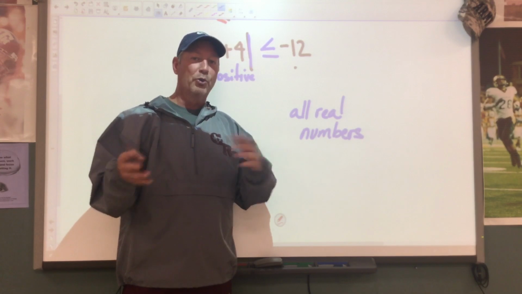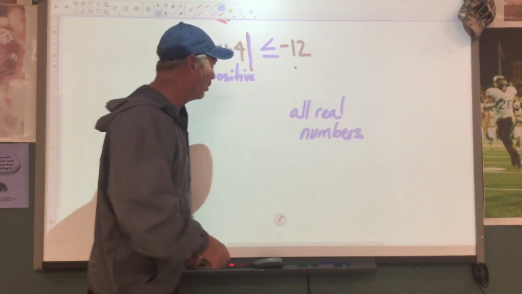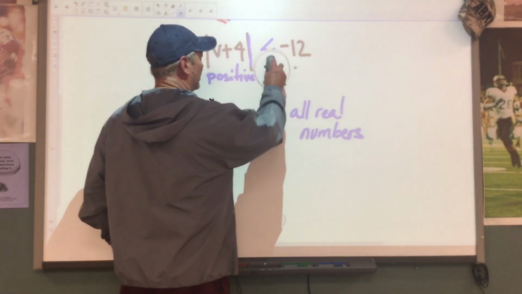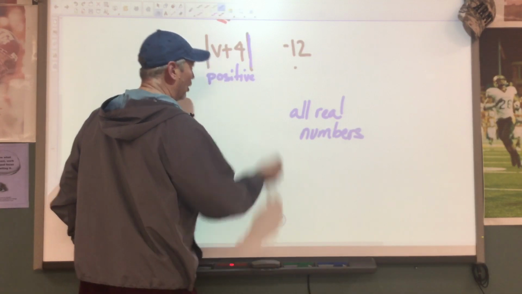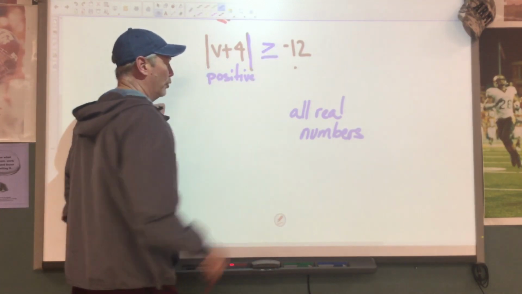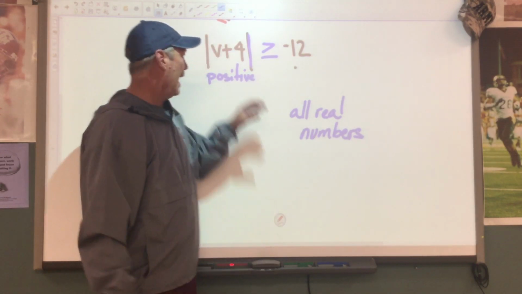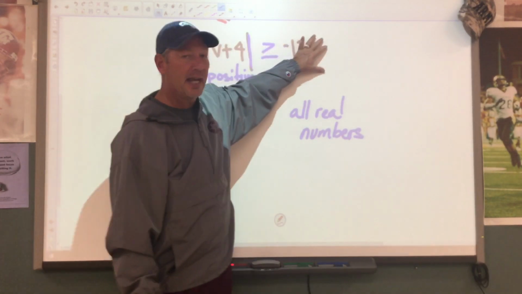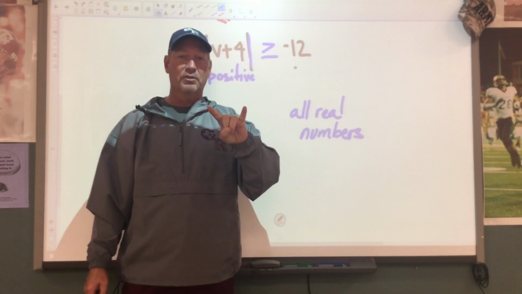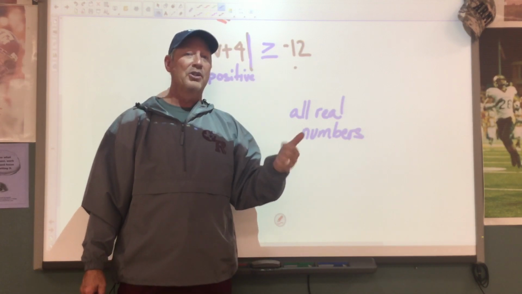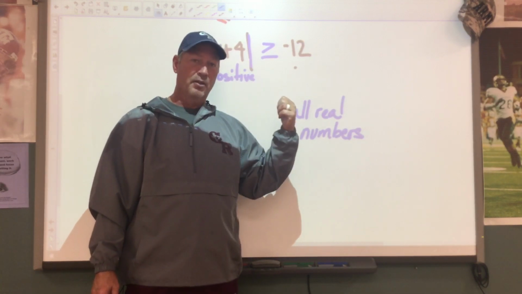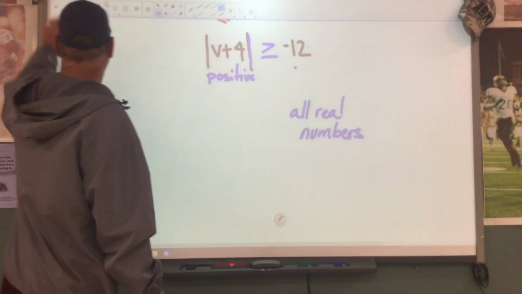Okay? But on your review sheet, the actual problem says greater than or equal to, and your answer would be all real numbers. Okay? Think about this. Absolute value, and you get a negative number, you get two choices. It's either going to be all real numbers or no solution, depending on the situation. Okay? Moving forward.